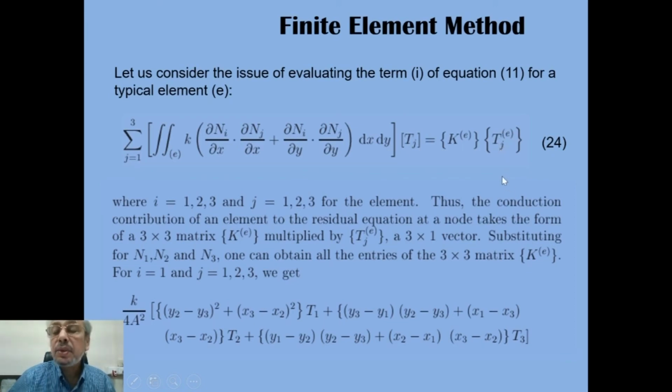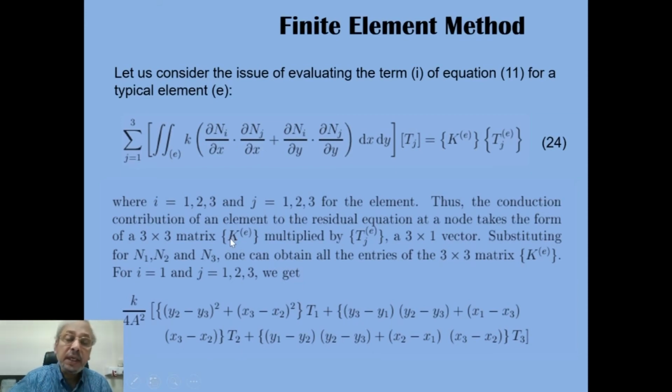Here i equals 1, 2, 3 and j equals 1, 2, 3 for the element. Thus the conduction contribution of an element will be a matrix, which we can call the conduction matrix at the moment.